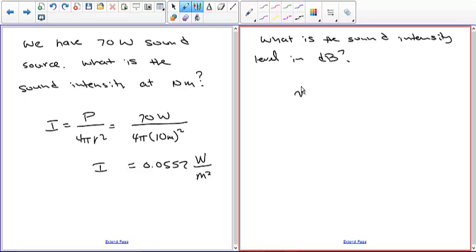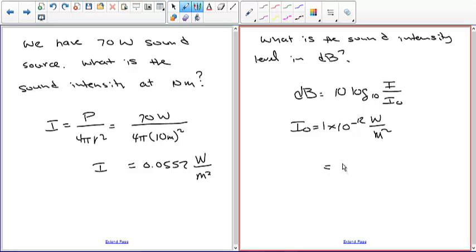So decibels is equal to 10 times log to the base 10 of the intensity divided by this reference intensity, which is 1 times 10 to the minus 12 watts per meter squared. So we just have to plug it in there. So you get 10 log base 10 of 0.0557 divided by 1 times 10 to the minus 12.